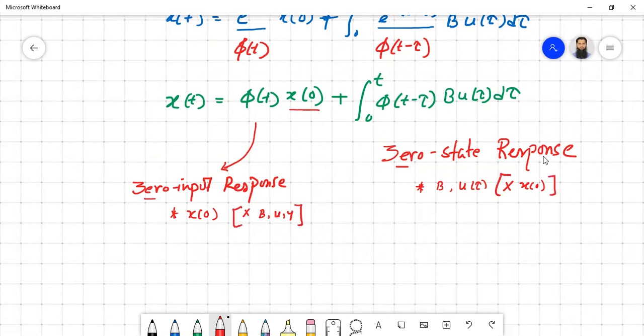And from the integral, you can see that this integral is also known as the convolution integral, which we have gone through in signals and systems or digital signal processing.